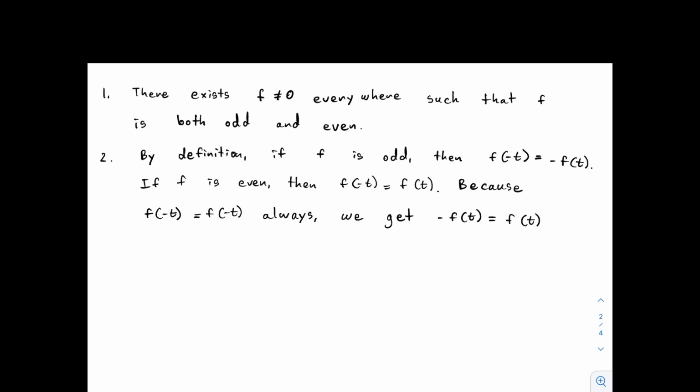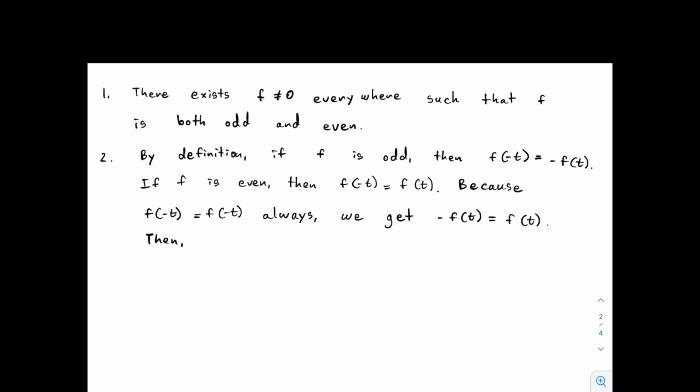Because f of negative t will always equal f of negative t. But because of the definition of an odd function, f of negative t is equal to negative f of t. And by the definition of an even function, f of negative t is equal to f of t.